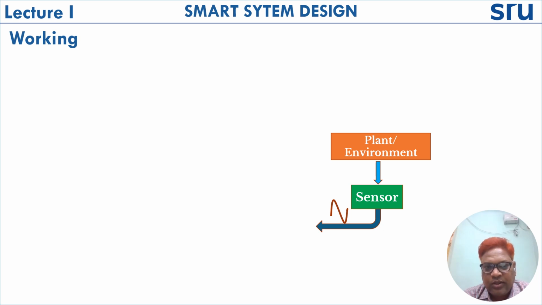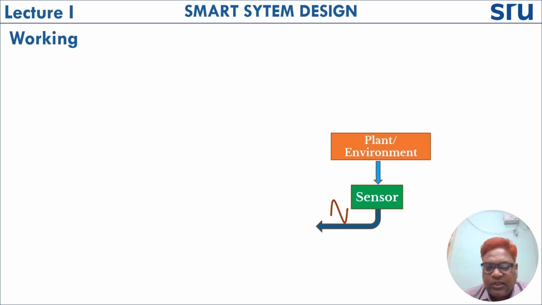But the processor which we are using in our smart system operates with binary numbers, digits. And one more thing, whatever data we are getting through the sensors may not be suitable for the processor.